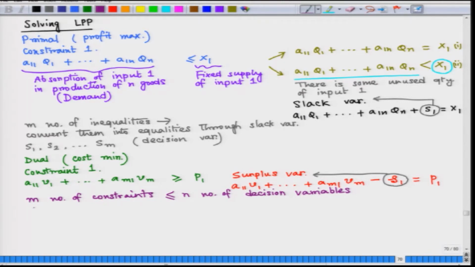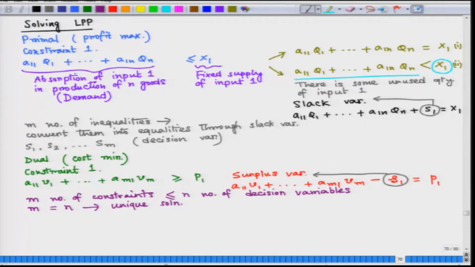So, now we discuss a special case where m is exactly equal to n. See, there is actually no problem, then the system of equations has only one solution, right. So, we get unique solution. Okay.